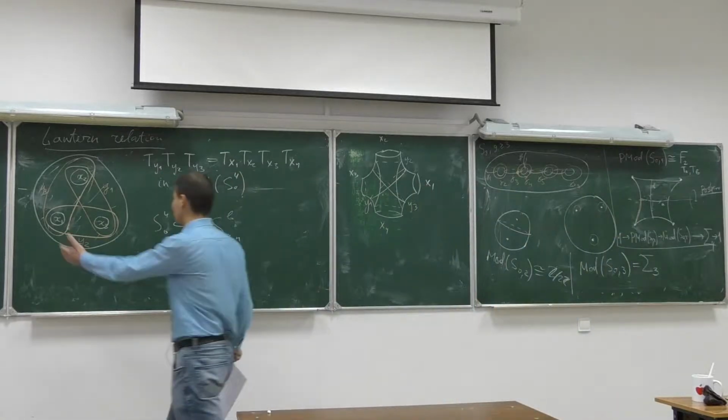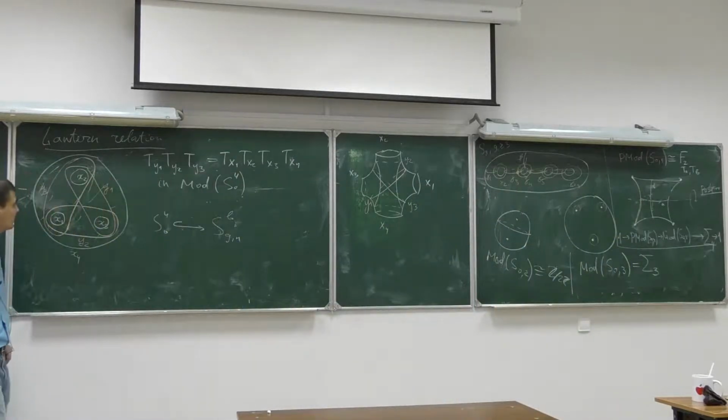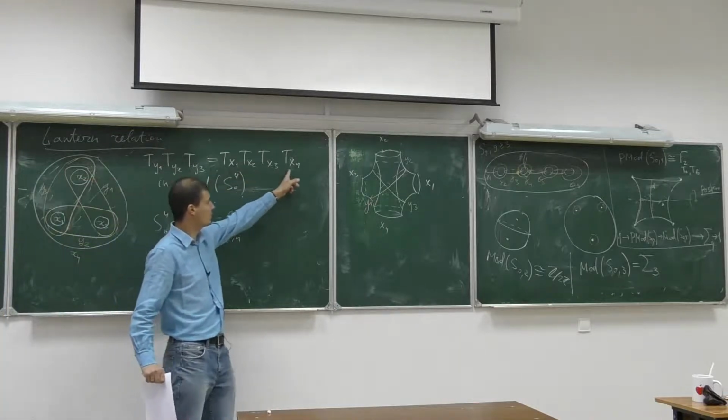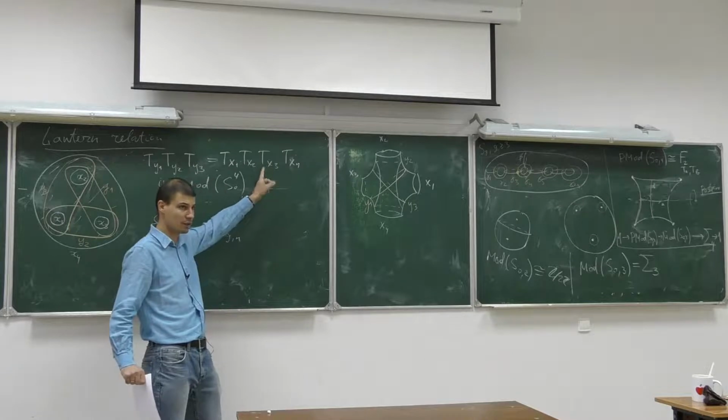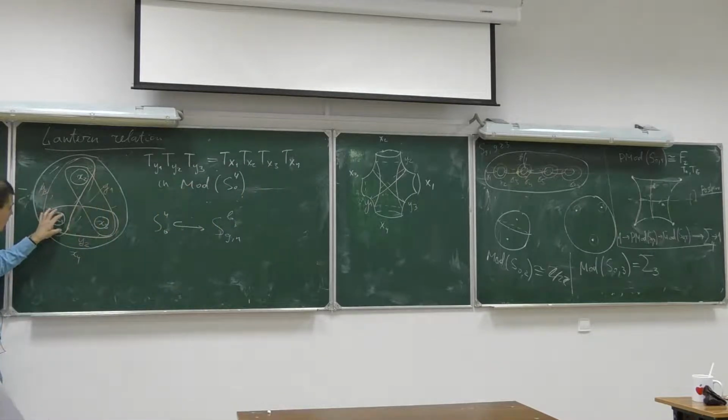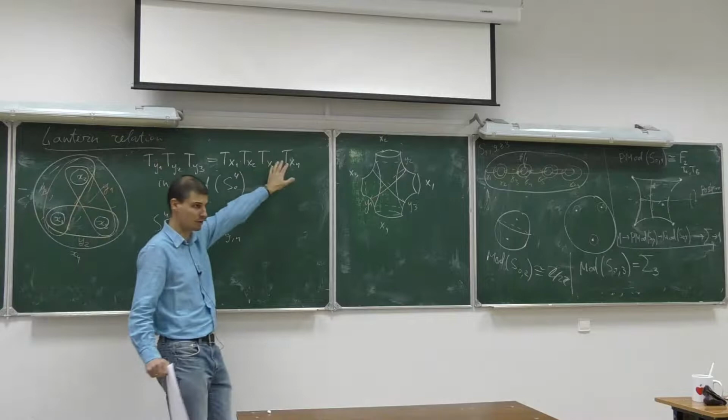If we have intersection index 1, this is more or less trivial, something easy. And here we just have this. And it is very useful that obviously these four Dehn twists commute with each other. So it is actually very useful that we can replace some difficult Dehn twists that do not commute by Dehn twists which commute.